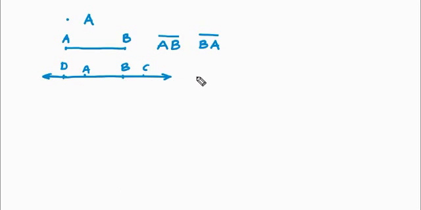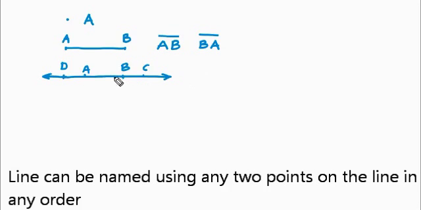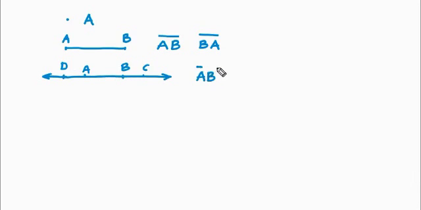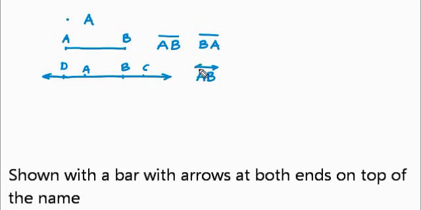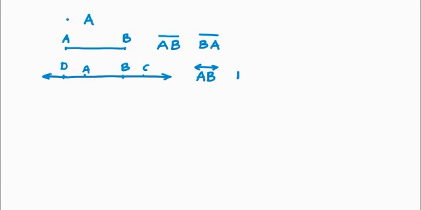Now this line can be represented by any 2 letters on the line. So I can call this line AB, with a bar with 2 arrows. I can also call this line DA or CA or CB or even BC.